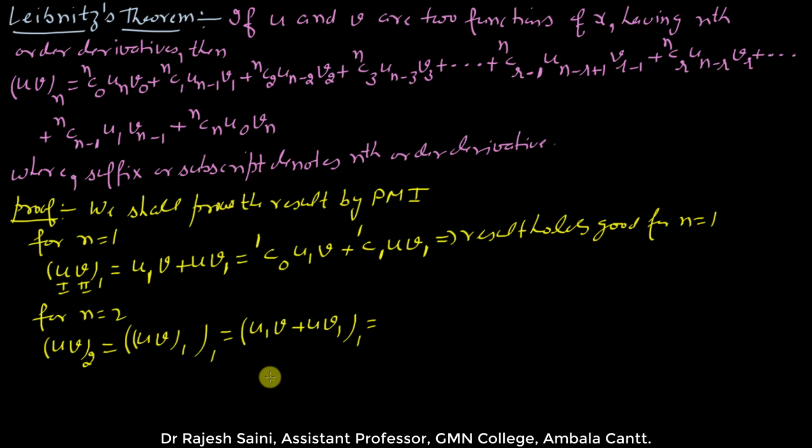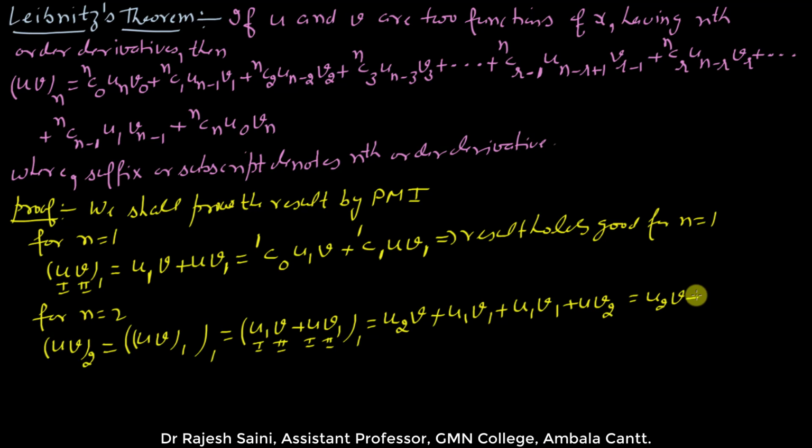Differentiate it again. Apply product rule, and you are required to maintain the symmetry. Every time I am differentiating u first. So throughout the question you will maintain the symmetry. So once again I differentiate u first, u_2 v as such, now u_1 as such v_1, plus here differentiate u first, u_1 v_1, now u as such, v_2.